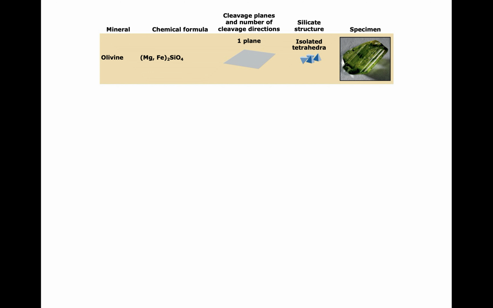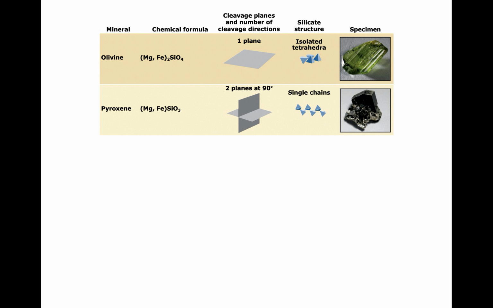The next group shown here is the pyroxenes. The pyroxenes can be subdivided into orthopyroxenes and clinopyroxenes. Here in this example we have an orthopyroxene with MgFeSiO3, or you can also write it as MgFeSi2O6, which I would prefer.